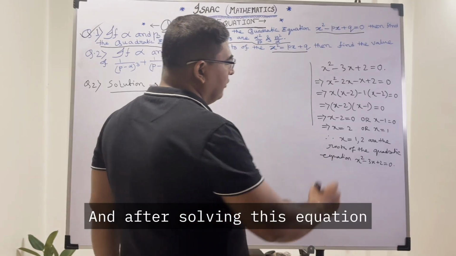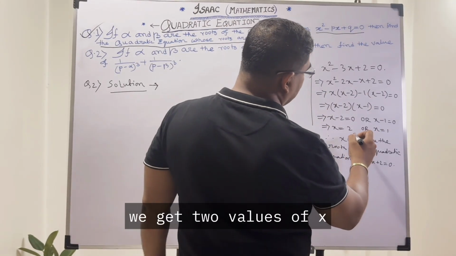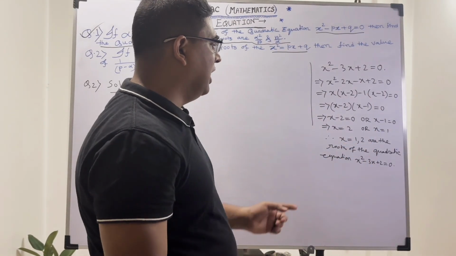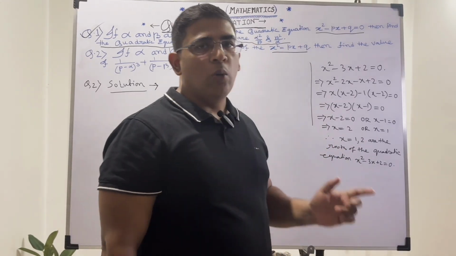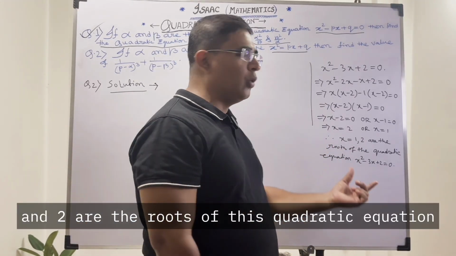After solving this equation, we get two values of x, they are 1 and 2. So that is why we can say 1 and 2 are the roots of this quadratic equation.